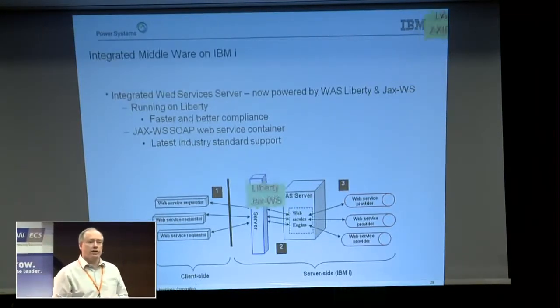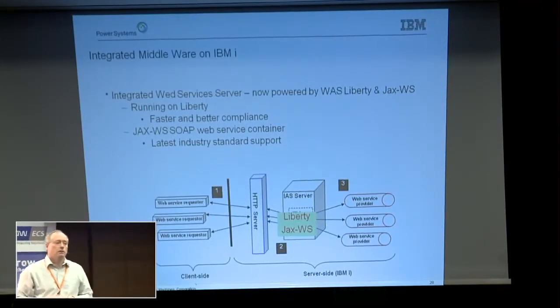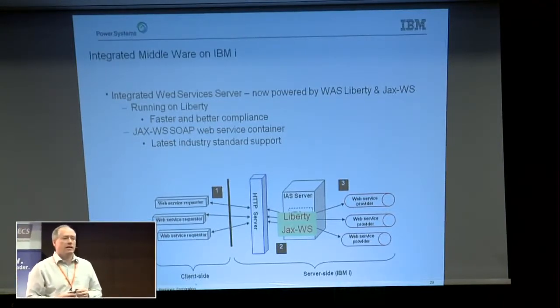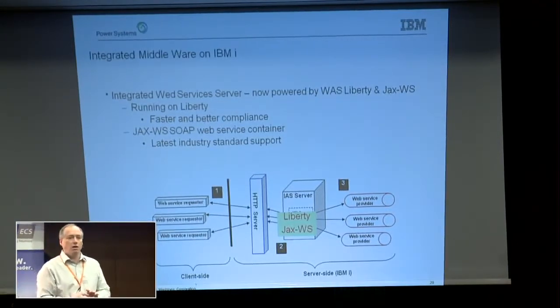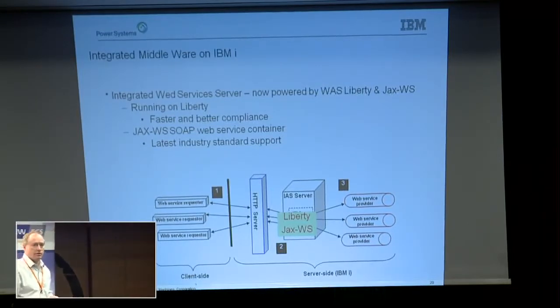We are now switching it to run on Liberty JAX-WS. So it's the latest support in web services. This gives me the ability to also do REST. And later this year, we'll be delivering REST support for our web services. So you'll be able to create a SOAP-based or REST-based web service if you need.